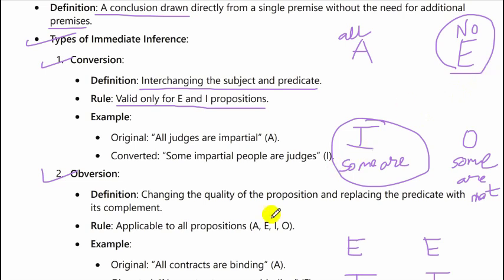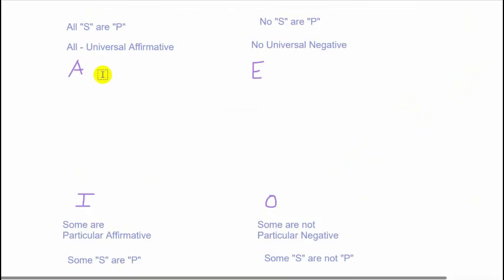Let's take an example. As I said, E and I can be converted, so conversion can happen. So how will it happen? When we say no S R P, we can also say the same thing in conversion.